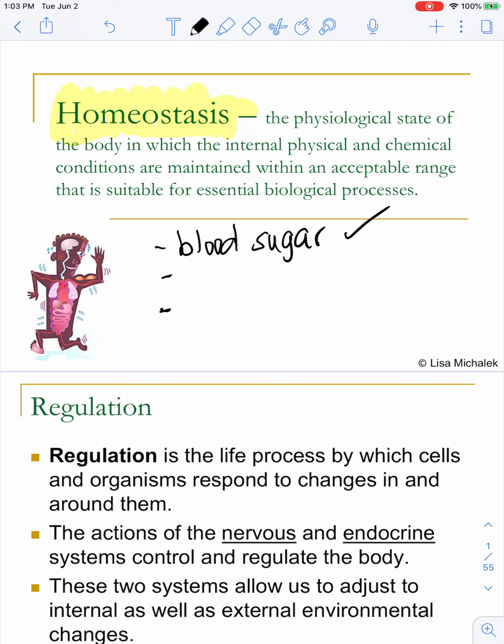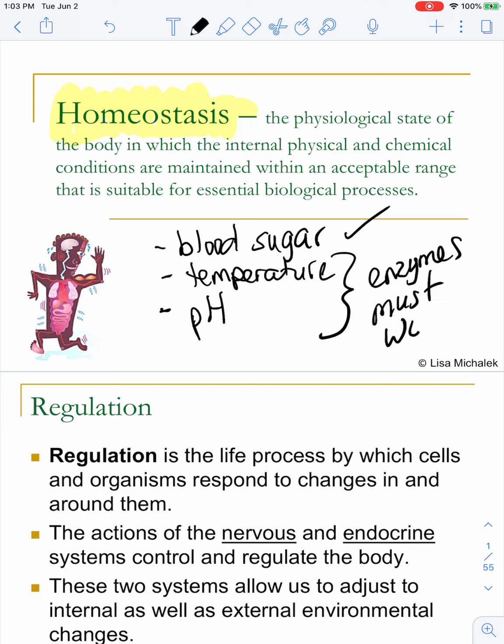And we need to maintain temperature. And we need to maintain our pH. Keeping temperature and pH within a narrow range is important for one specific reason. If you remember back to our very first unit, when we talked about macromolecules and enzymes, and we did a lab with the cow liver, temperature and pH have to be maintained at a very narrow level because we need our enzymes to work.